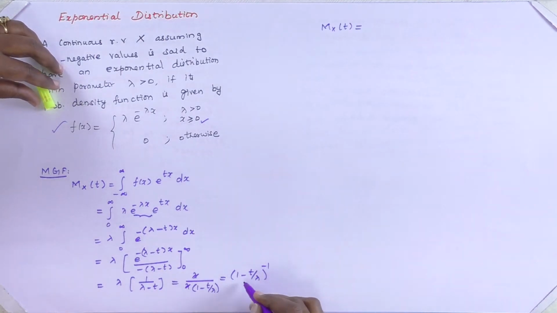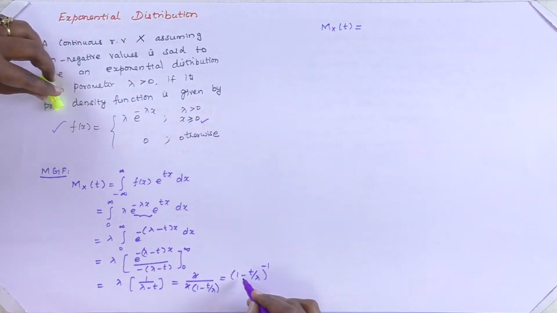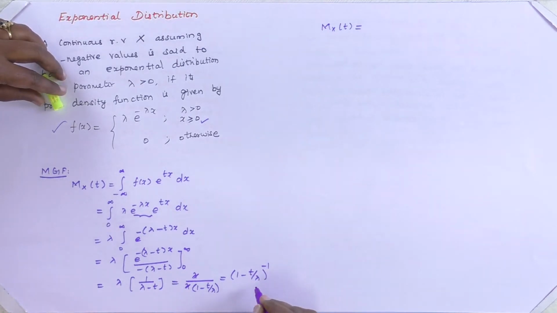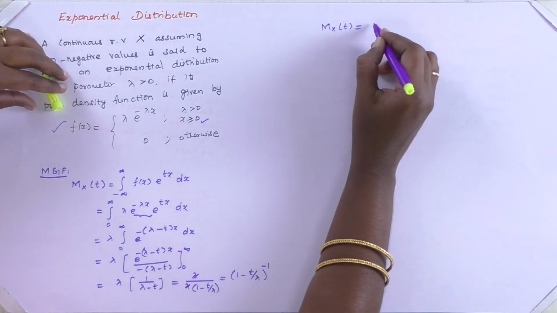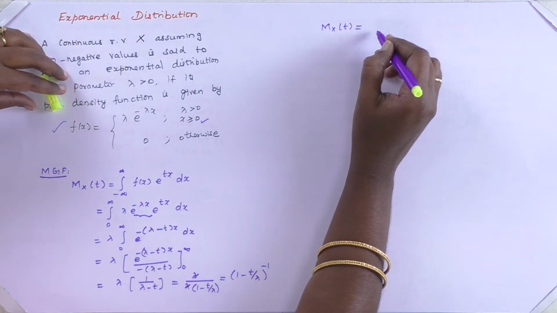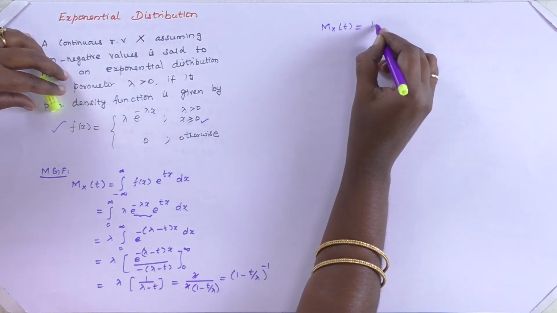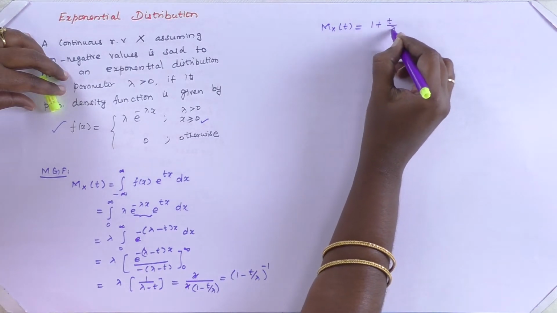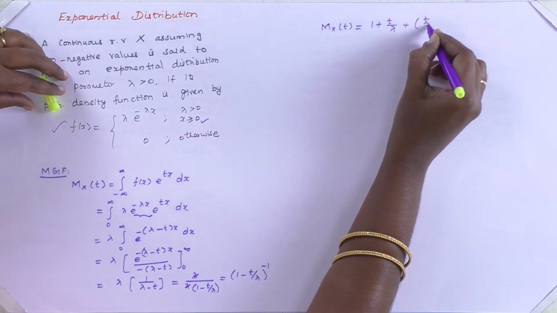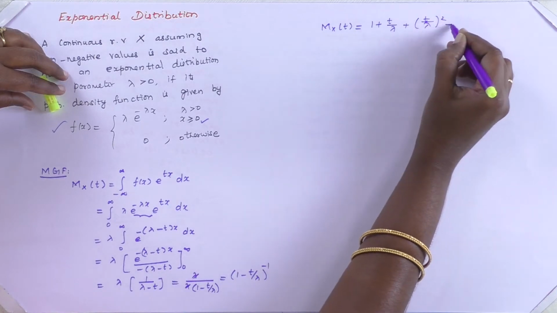Now expand this term using the binomial expansion. The expansion of 1 minus t by lambda, the whole power minus 1, is 1 plus t by lambda plus t by lambda the whole squared, plus etc.